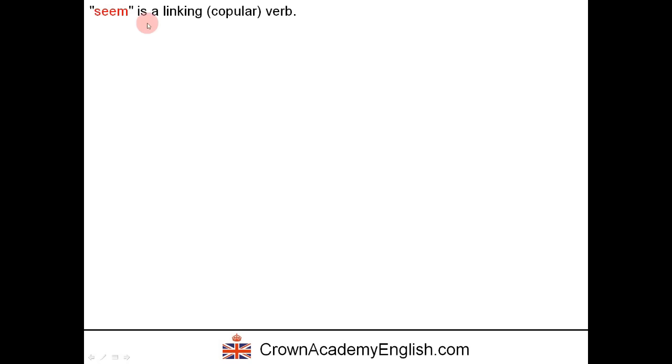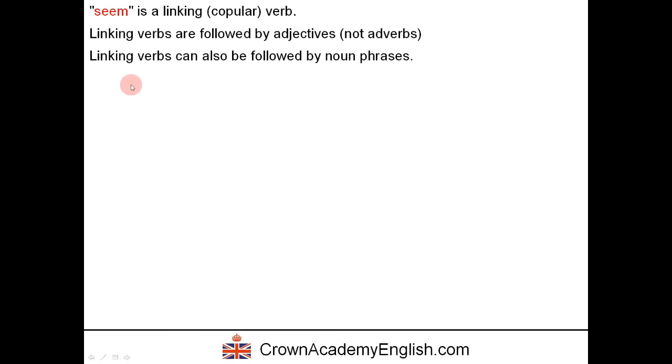So seem is a linking verb, and we can also call it a copular verb. Linking verbs are followed by adjectives, not adverbs. And linking verbs can also be followed by noun phrases. We will look at both examples in this lesson.